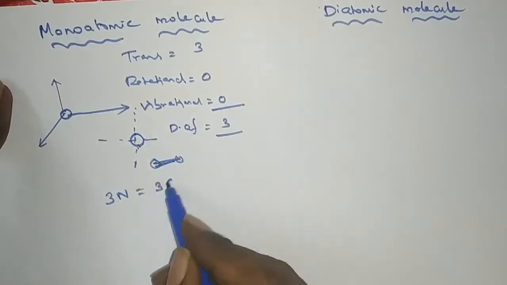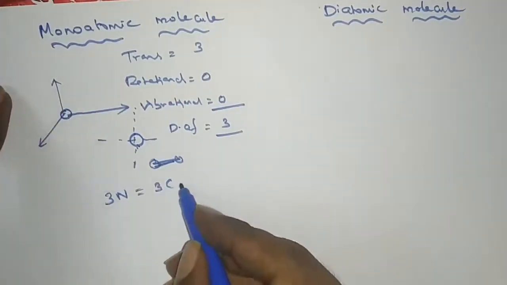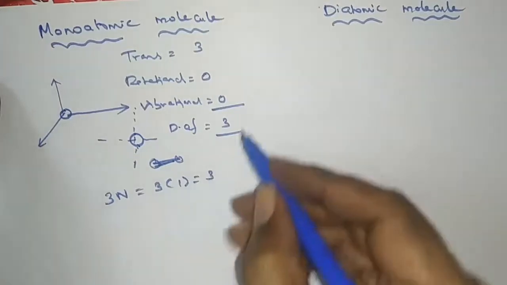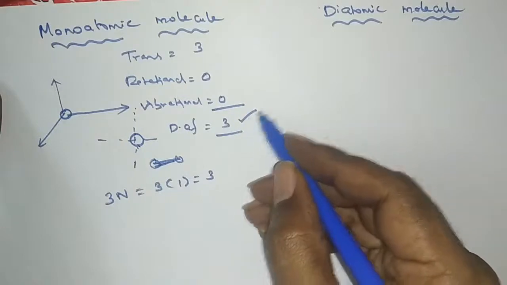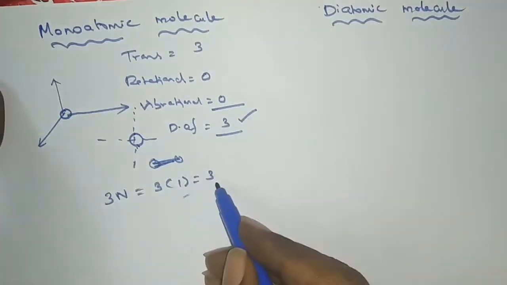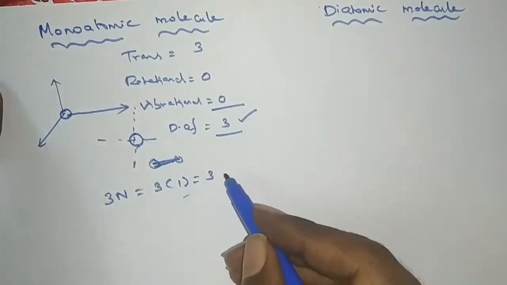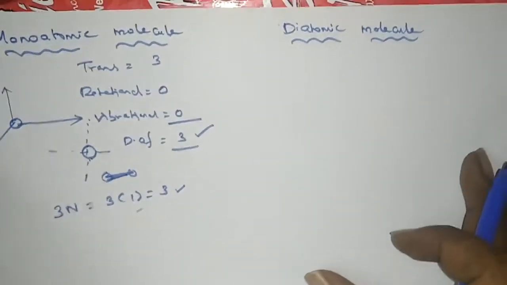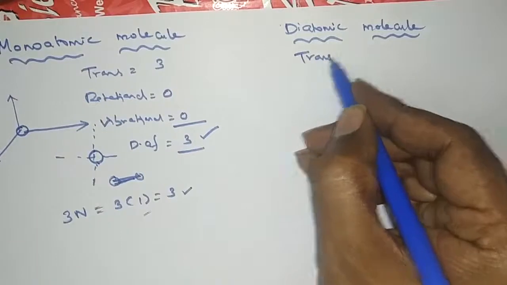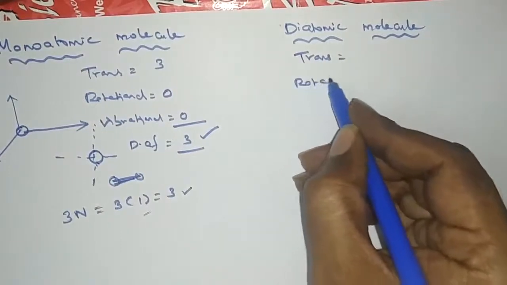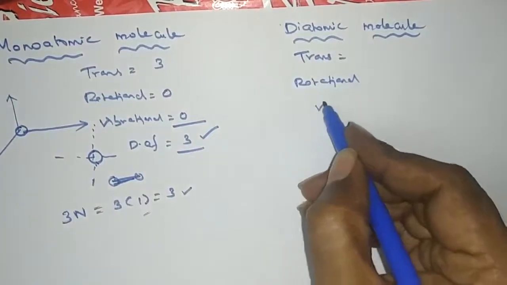So here 3 into only one atom, therefore 3 into 1 is 3. Our second definition, the number of motions executed, is 3, and according to the first definition, the number of independent variables required is also 3.